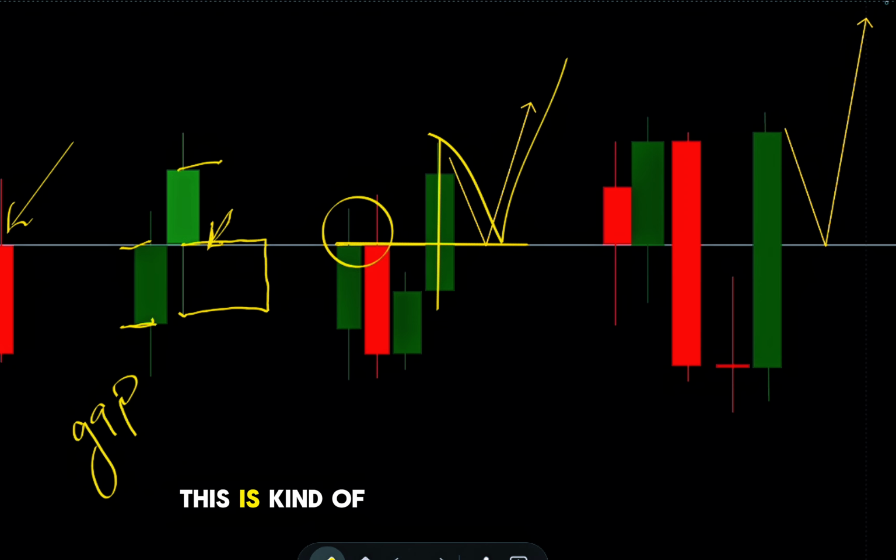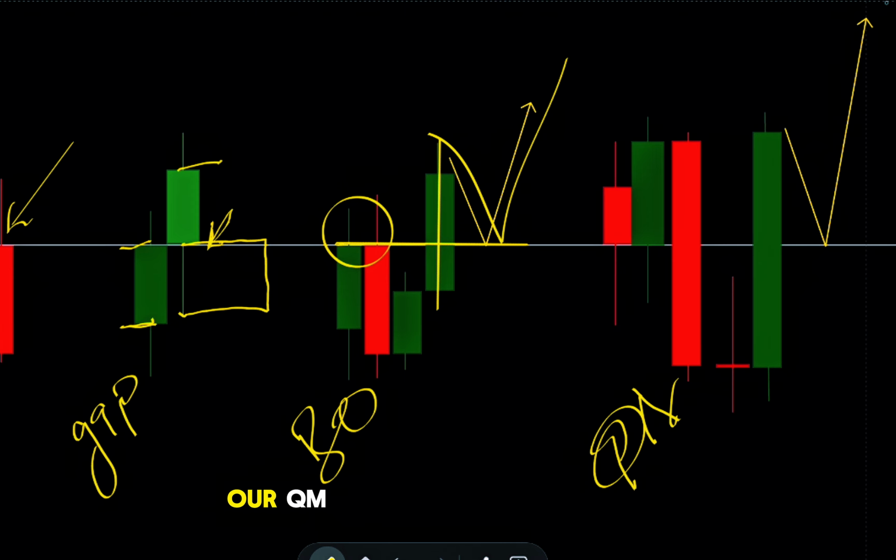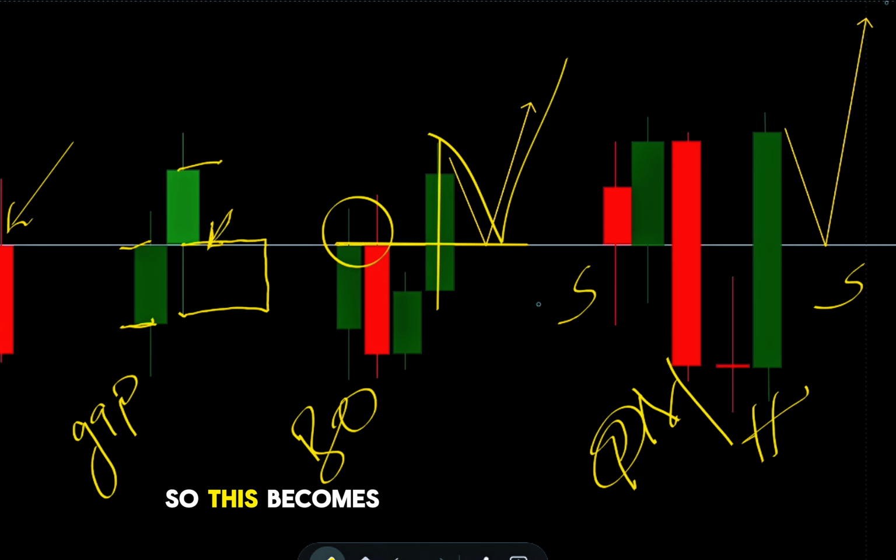So this is kind of a head and shoulders form, which is the QM level. Let me write here BO, and this one becomes our QM. The QM is like head and shoulders. You have a shoulder here, another shoulder here, and then you have the head. This becomes your left shoulder and then your right shoulder here.